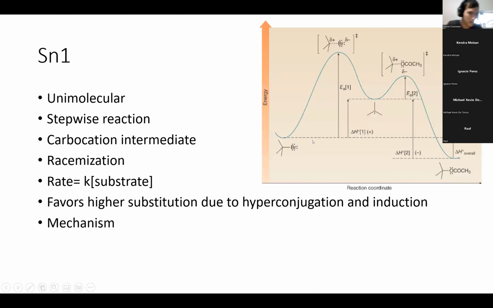SN1. The rate law includes just the substrate, and therefore it is unimolecular, right? The mechanism is as follows.